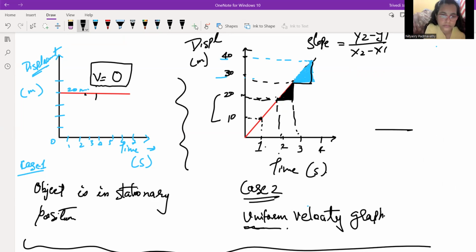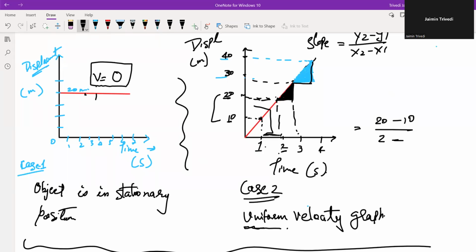See this value? In short, we are finding the slope. First see the first one: y2 is 20 here, y1 is 10. And with this one, we have these values, 2 minus 1.